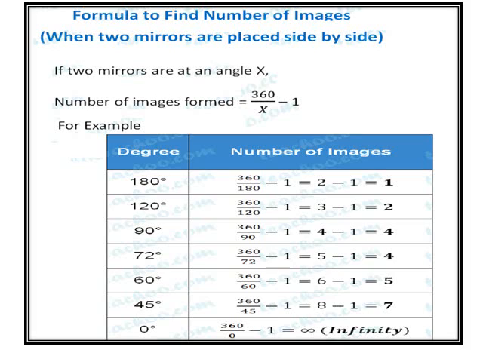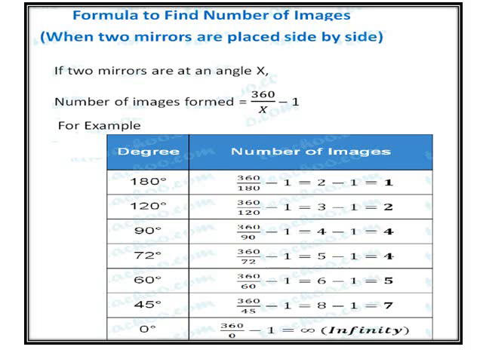Third case, 90 degrees. So if the mirrors are inclined at 90 degrees, substitute the value of x as 90 in the above equation and simplify, you will get the number of images to be 4. So similarly, it can be calculated for more and more cases.